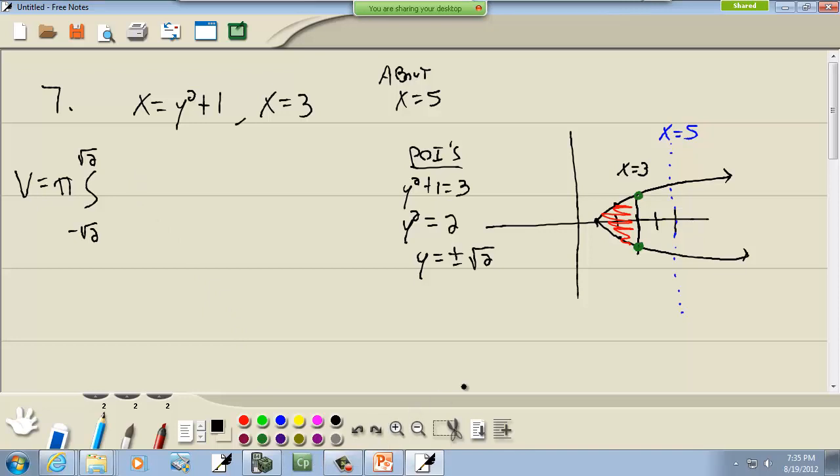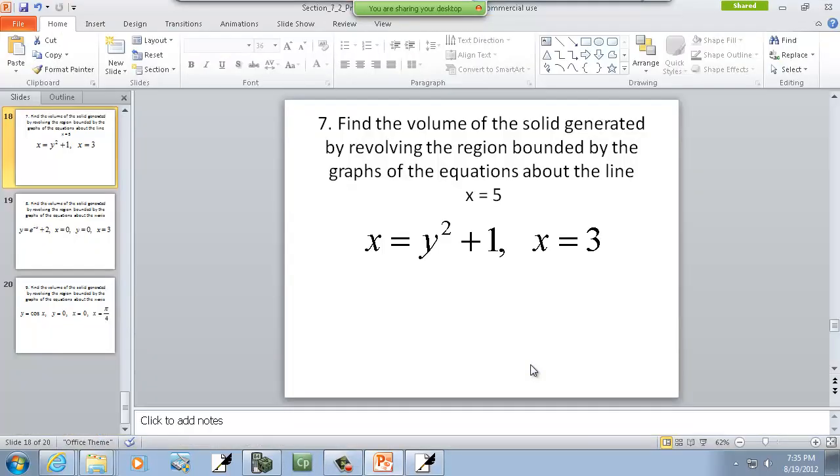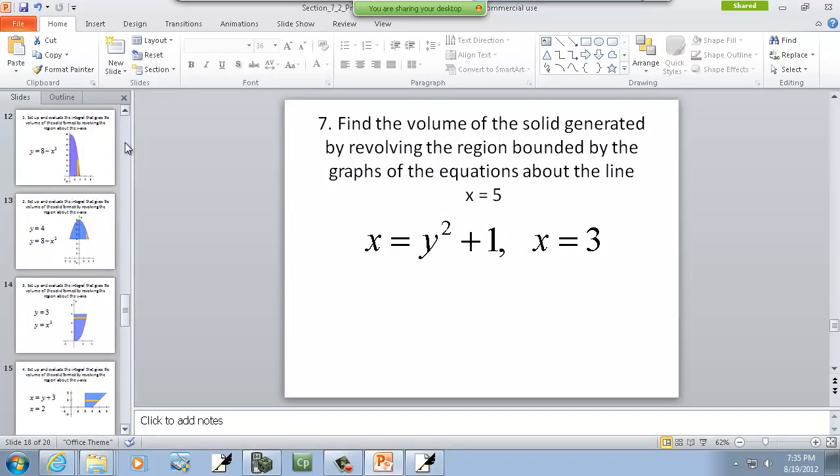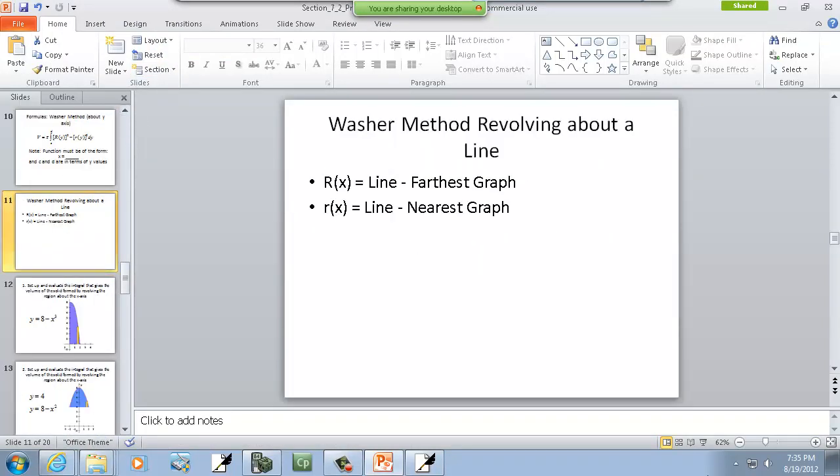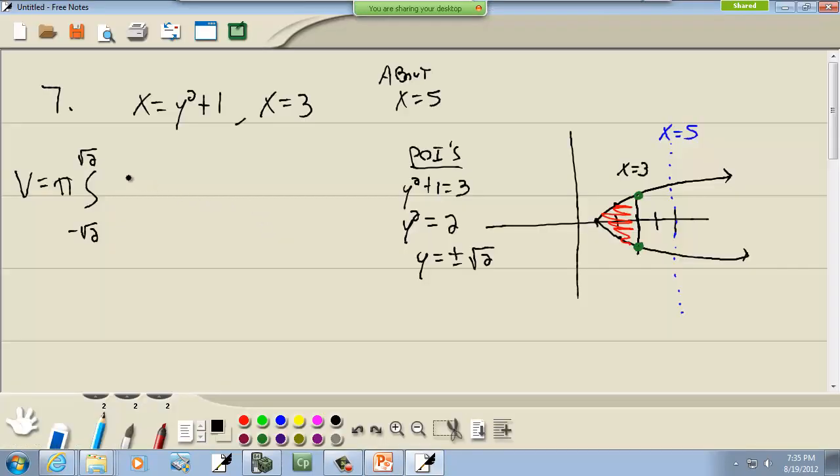And again, I have to have this little cheat sheet in front of me here. Okay, so r of x is a line minus our farthest graph. The line is 5 minus our farthest graph, this one right here. That's farthest away from it, which is the y squared plus 1.